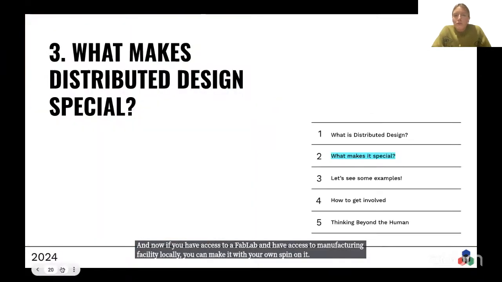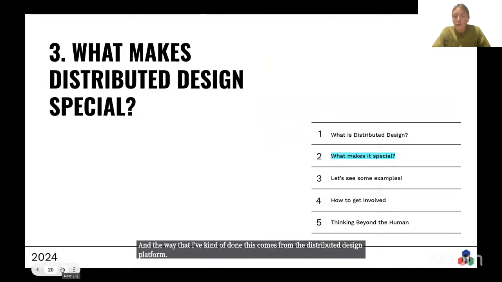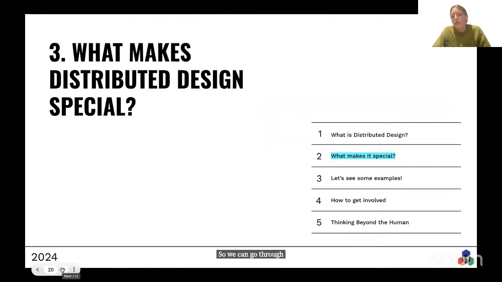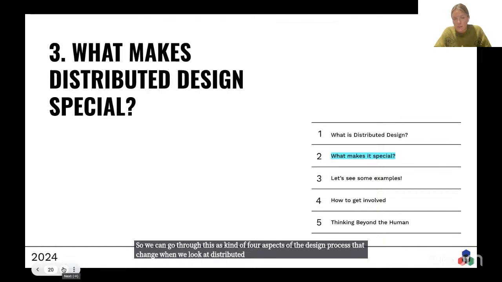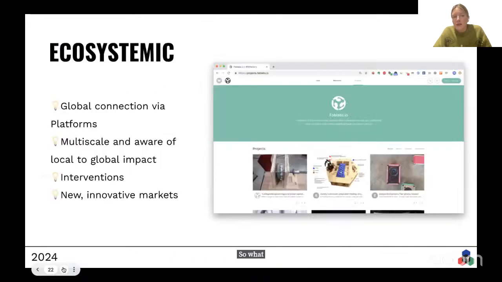So what does this mean for design? The way that I've done this comes from the distributed design platform. We can go through this as 4 aspects of the design process that change when we look at distributed manufacturing capacity and the design process. What changes is that we have something that becomes very highly ecosystemic.